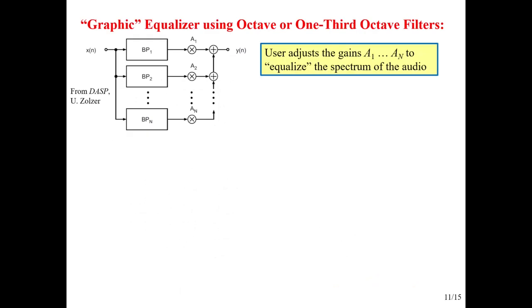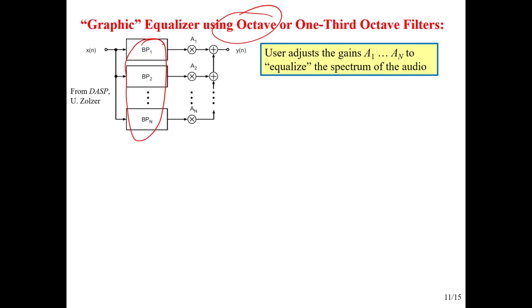So these are commonly used in an application called a graphic equalizer. So if we were to build one of these things, we would just make a whole bunch of bandpass filters, and we could make those be octave widths, and then we space them so that the lower edge of the next one up is at the upper edge of the one below.